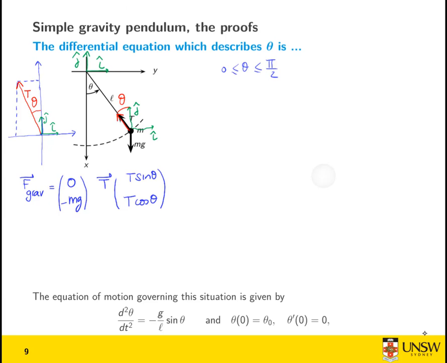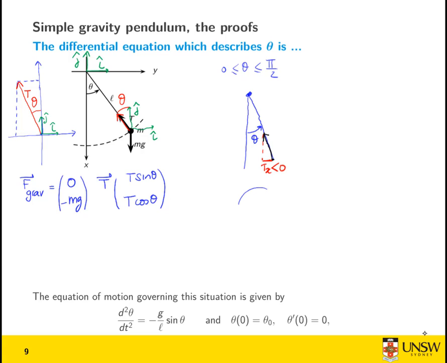If theta is between 0 and pi on 2, your pendulum will be on the right of this equilibrium position, and the tension on the chord will be like that, so its horizontal coordinate here, Tx, will be negative.